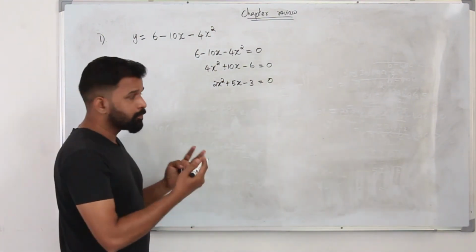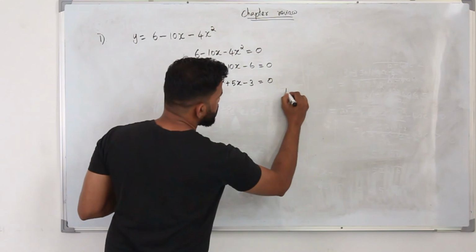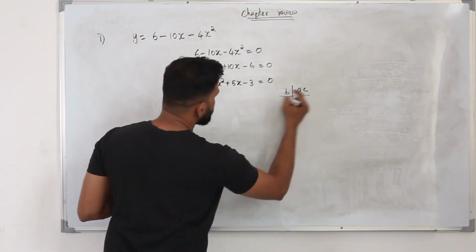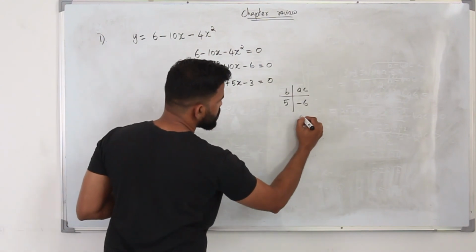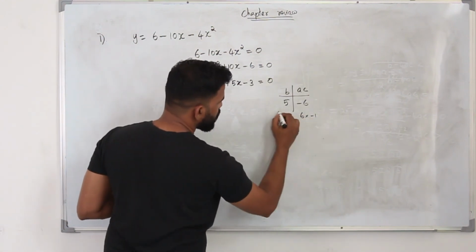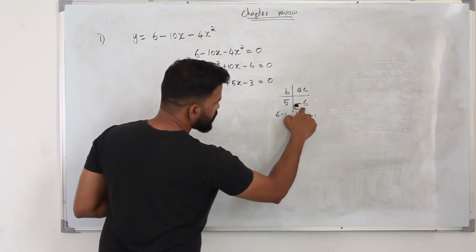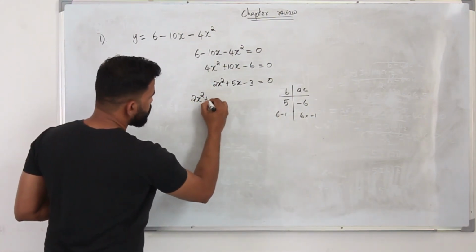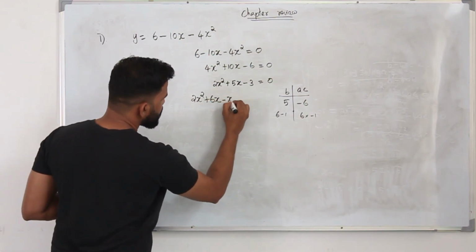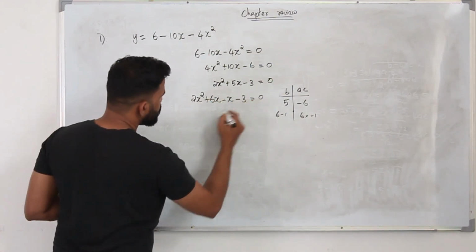I'm going to use the product-sum method. Take b and ac. Your b is 5, ac is 2 times minus 3, minus 6. So you can take it as 6 and minus 1: 6 times minus 1 is minus 6, and 6 minus 1 is 5. So 2x squared plus 6x minus x minus 3 is 0.